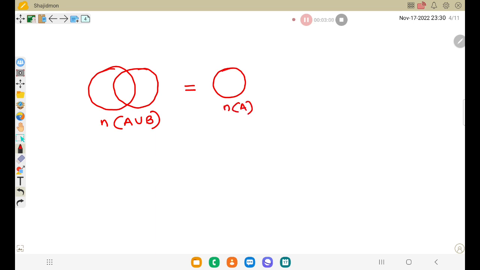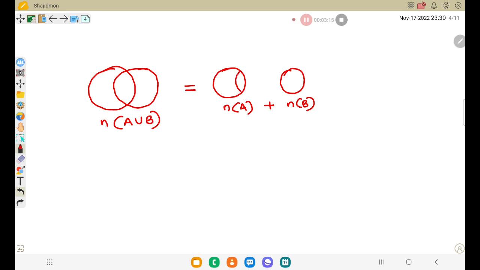That means if you want to calculate the number of elements of A union B, first we take the number of elements of A, plus the number of elements of B. Now the whole portion has come already, but the intersection portion came from the B set and also from the A set.